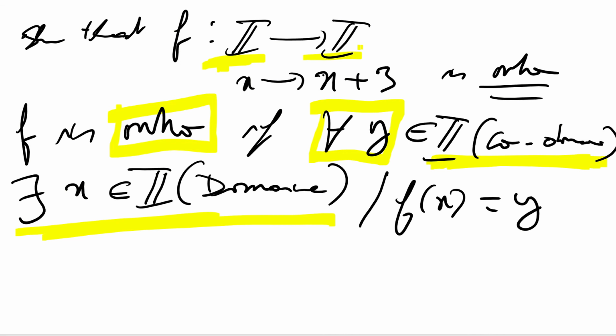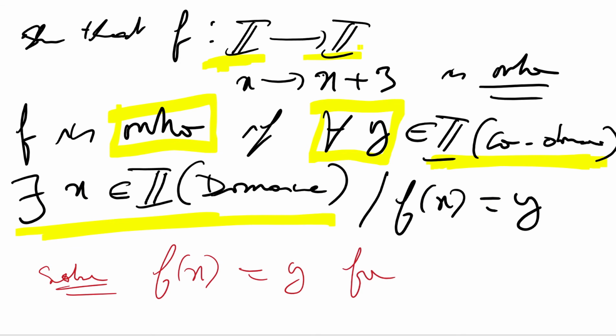So the key trick to tell that a function is onto is basically to solve f of x equals y for x. When you find x, you want to make sure to check if x is in the domain.